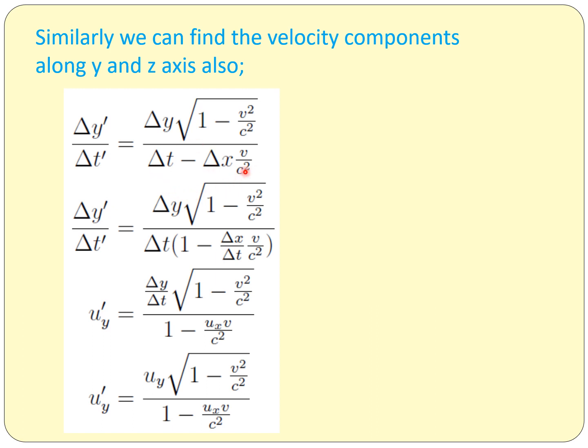We have to simplify it a little. Again we take delta t common from the denominator, delta t times 1 minus delta x by delta t b by c square, and delta y by delta t can be written as uy, and delta y prime by delta t prime can be written as uy prime. So uy prime equals uy under root 1 minus b square by c square, and the denominator will be the same as for ux prime, that is 1 minus ux into b by c square.